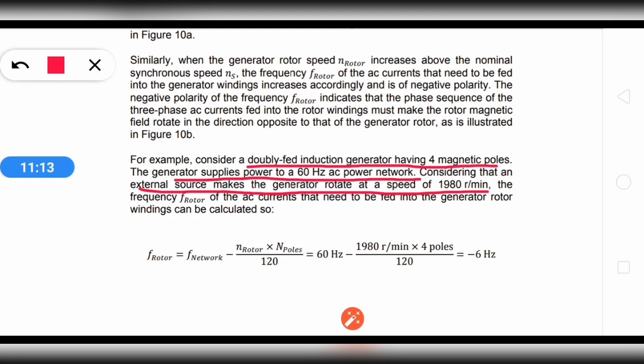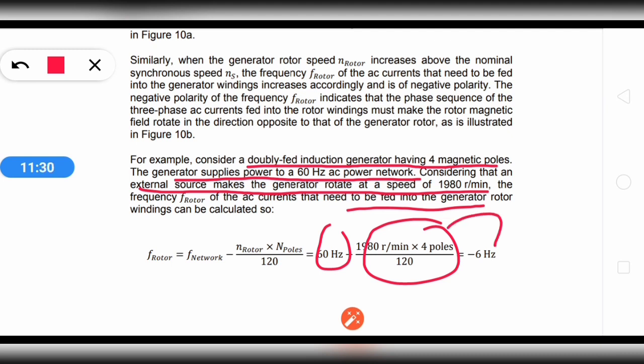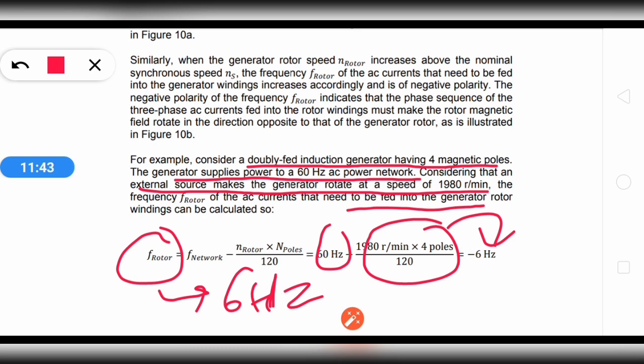Now the frequency of AC currents needed to be fed into the generator so that the frequency remains fixed at 60 Hz: this term has to be adjusted, and this term comes out to be, after the difference, minus 6 Hz. So this means the rotor frequency has to be adjusted to 6 Hz so that the final output frequency remains 60 Hz, and the rotor rotates at synchronous speed. So this is how the DFIG works.